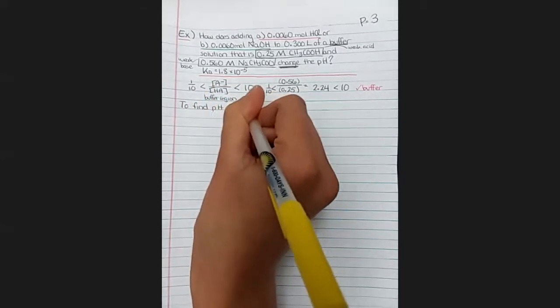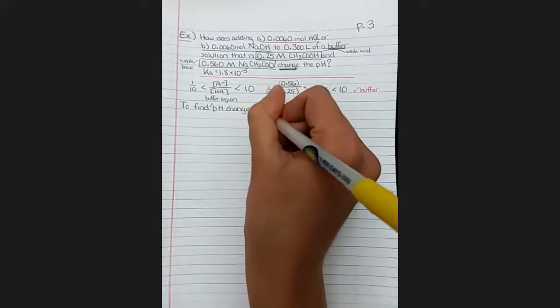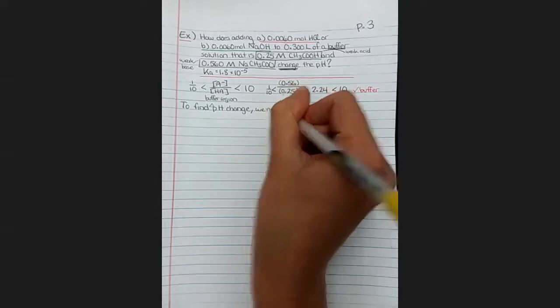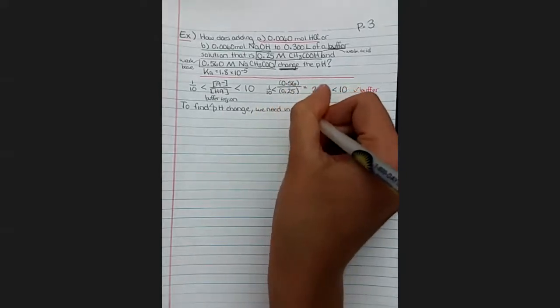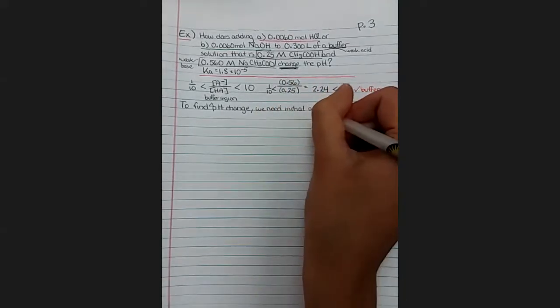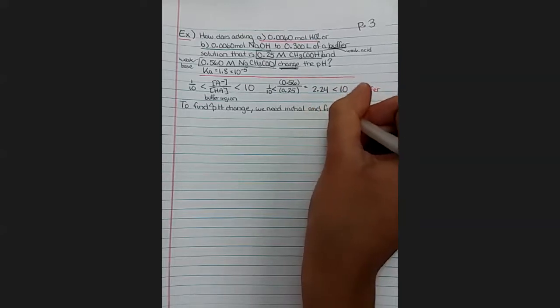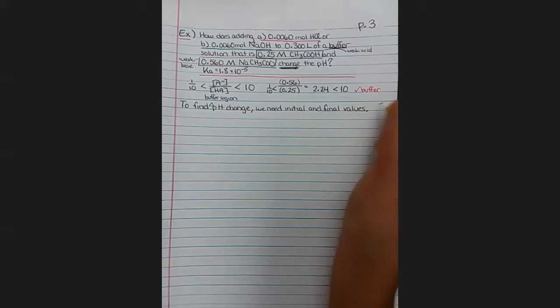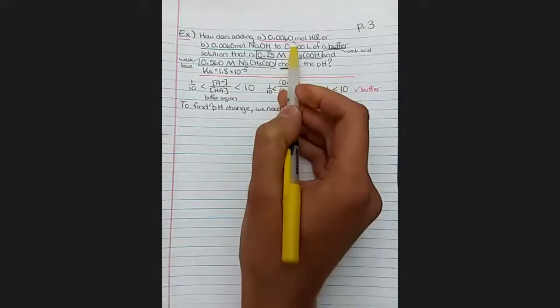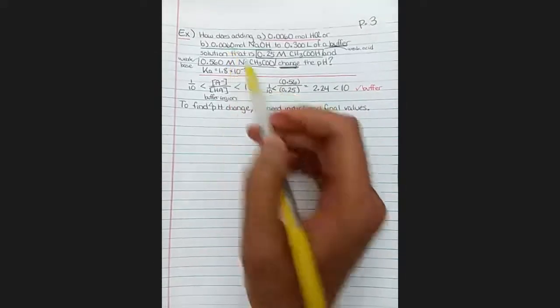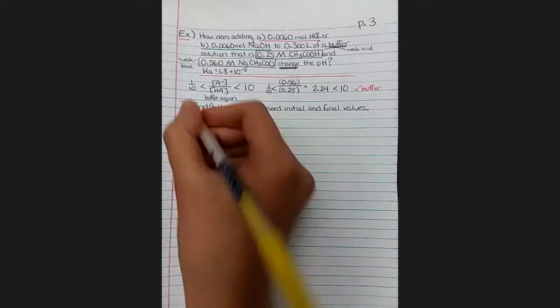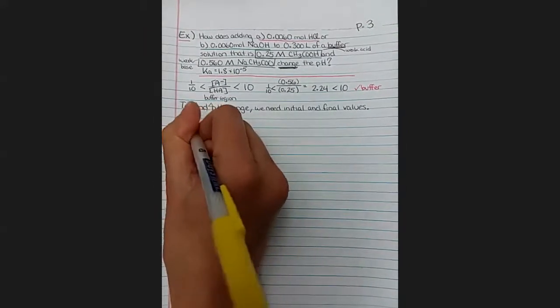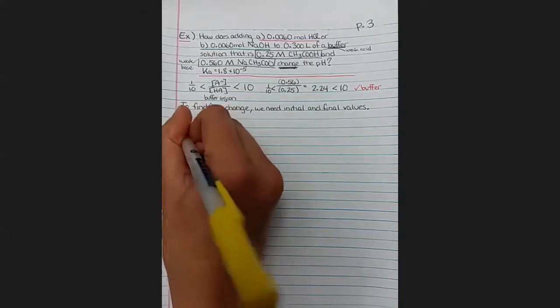And to find the change in anything with a delta, we need to have the initial value and the final value. So we're actually going to have two final values, one for the strong acid and one for the strong base in part B. But we need to take each of those minus the initial value.